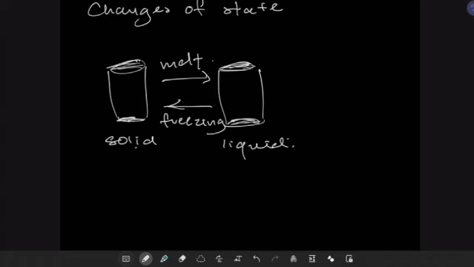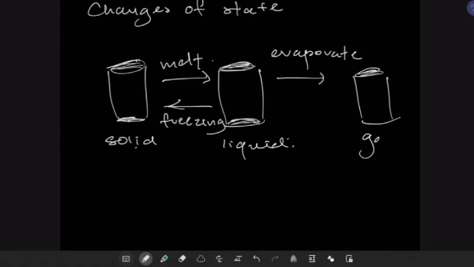Then if you leave the ice cubes there for even longer, the water that has formed from the ice cube that has melted will evaporate. And evaporation is the change of state from liquid to gas.